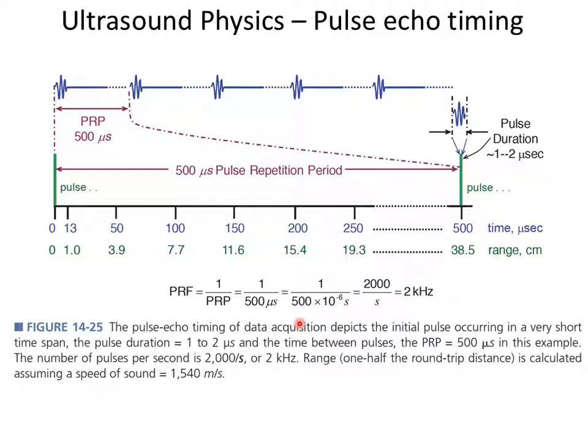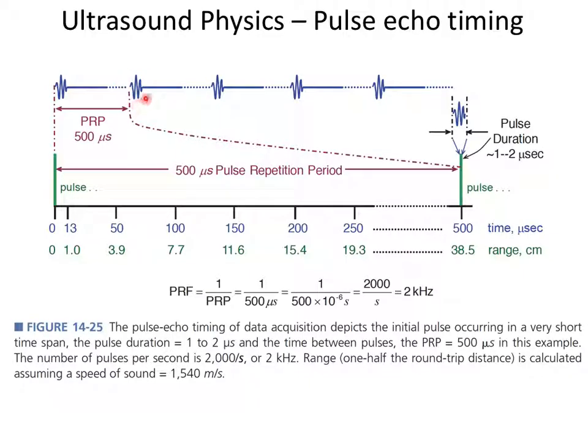So let's look at how that echo timing is done. Remember that the pulse width we determined before was determined by the length of time I have here for my chirp, my little ping pulse, and the frequency. Right?